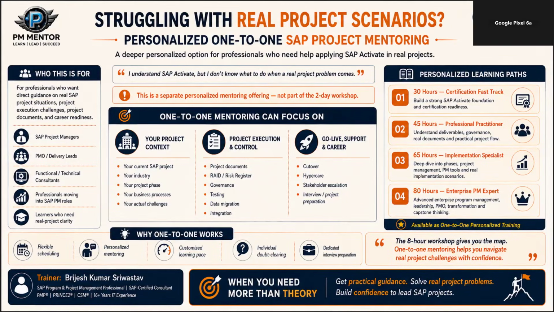Then there is a 65-hour implementation specialist path, and finally an 80-hour enterprise PM expert path. This is for people who want broader exposure to enterprise program management, leadership, PMO transformation, and advanced project thinking. That means you can initiate, you can start here.